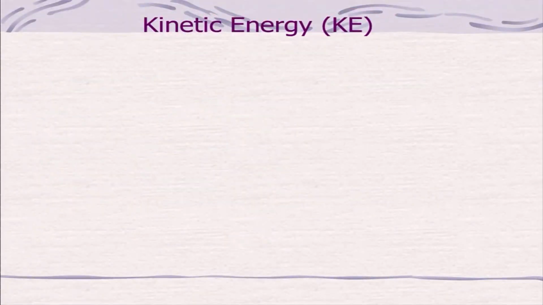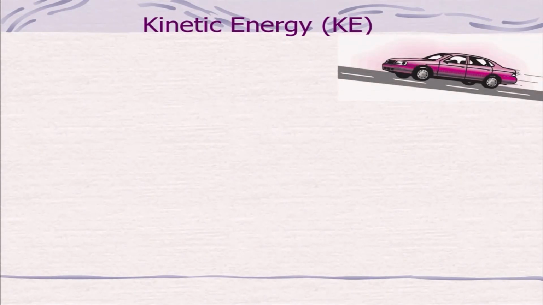So let us look at kinetic energy, and we will take an example. Let's say a car which is moving with a certain velocity v. If it is moving with a certain velocity, somebody should be applying a force, otherwise it won't move.